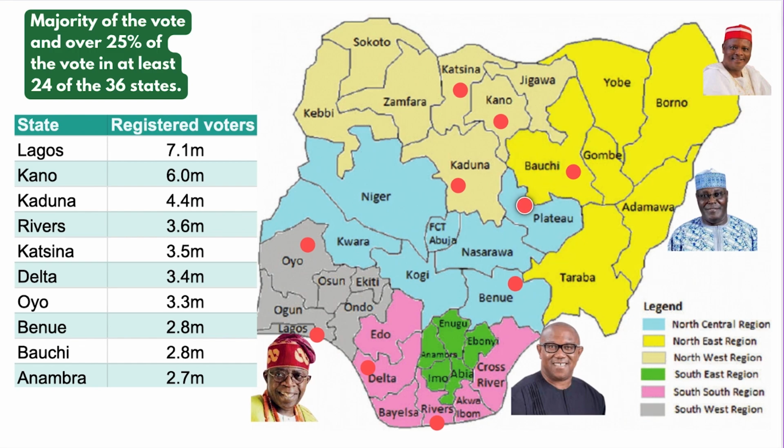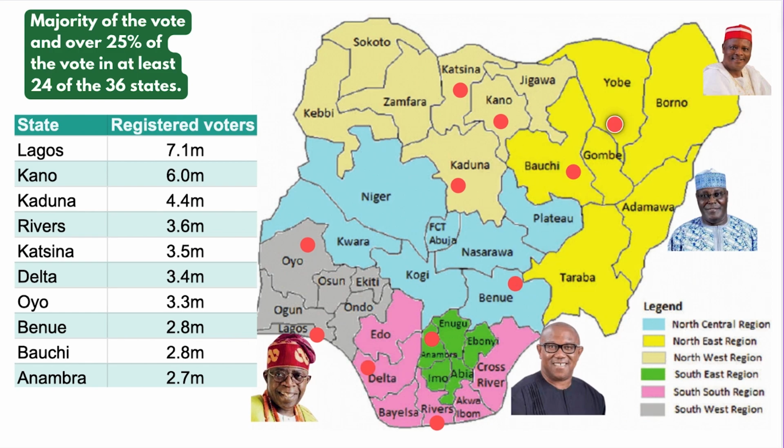By the way, this is where I had my university education, at Abubakar Tafawa Balewa University in Bauchi, many years ago. And Anambra State, yeah, that is Peter Obi's home state. All of these are the top states that have the biggest number of registered voters.